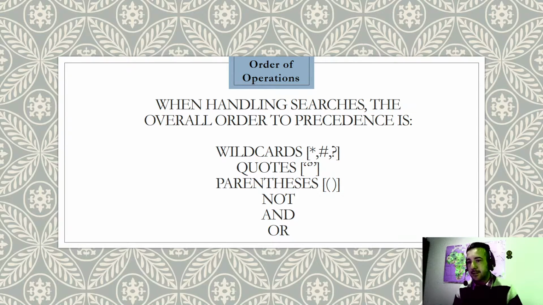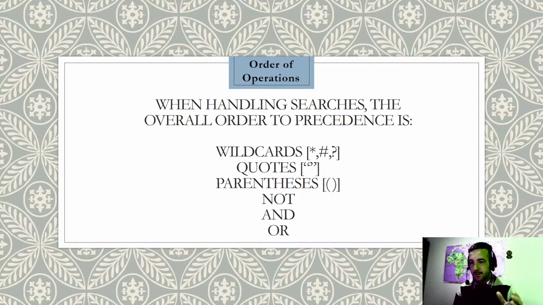But basically what I'm saying here is, if I said Jacob asterisk Boyce, and I put that whole thing in quotes, it would still return Jacob Peter Boyce and Jacob Stephen Boyce.